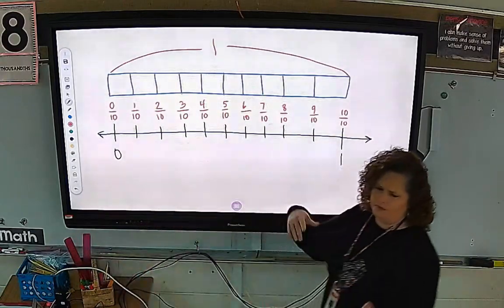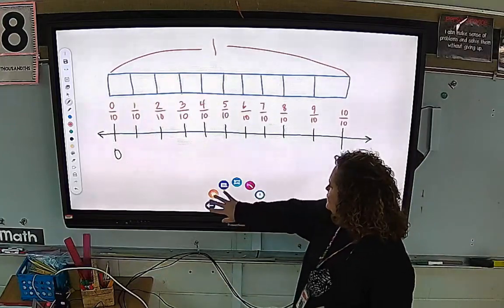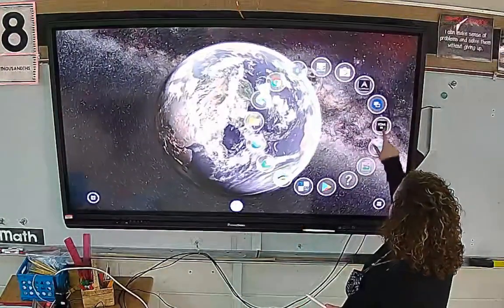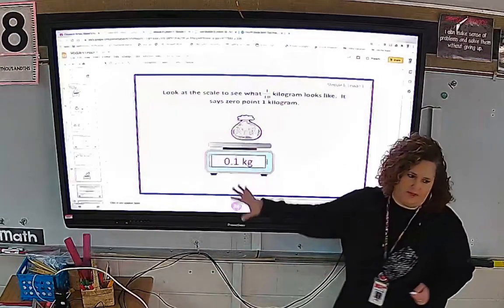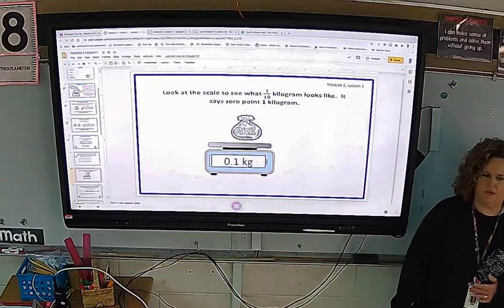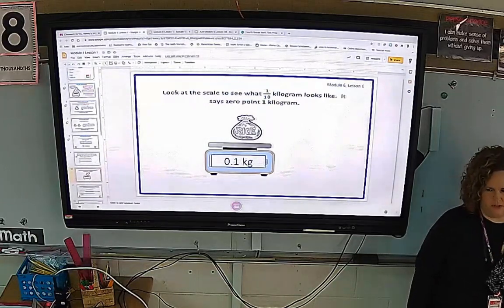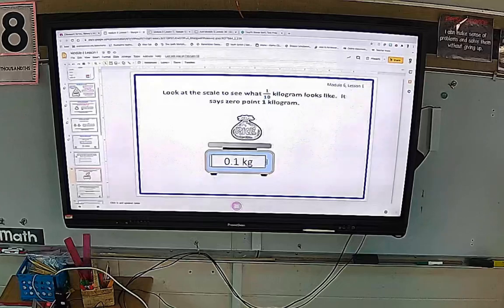Now I want you to see this picture. I'm going to go back and forth between some of our slides, just because some of this stuff is helpful to see. If we had this picture in front of us, if we actually had the actual scale, and we tried that one year with the digital scales, you might remember this about those digital scales that Miss Sarah and Miss Danielle have. They're very, very sensitive.